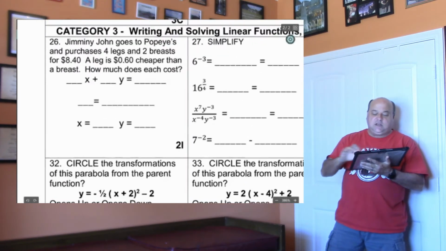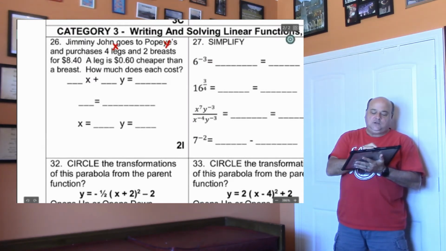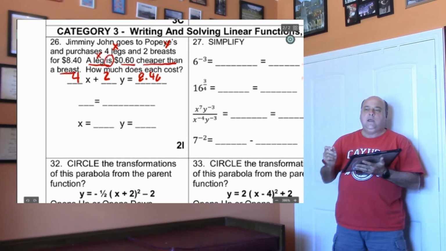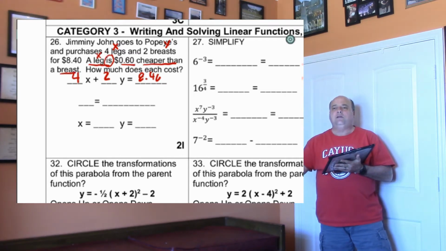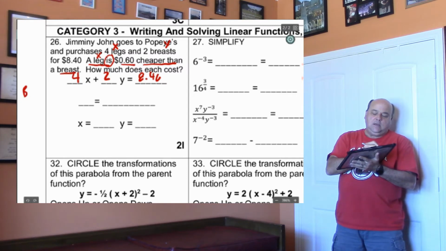Number 25, let's get 25 down. This will be my x, this will be my y. So 4 legs and 2 breasts cost 8.40. And right here, a leg, x, is 60 cents cheaper than a breast. Now think about which one is the most money. This is how I would write it out: the big equals the small plus the difference.